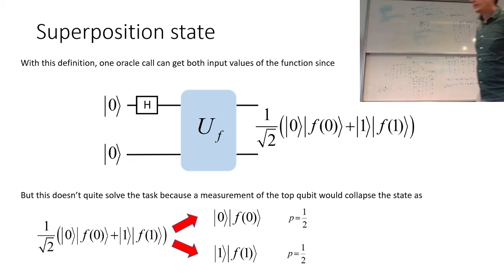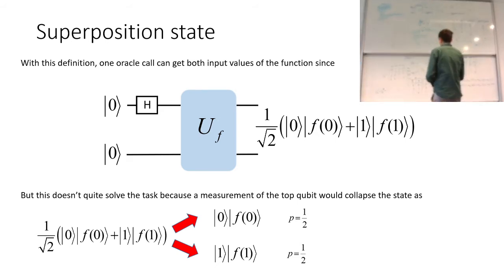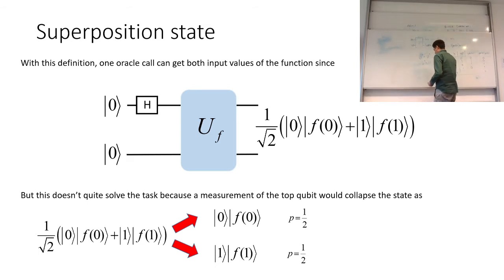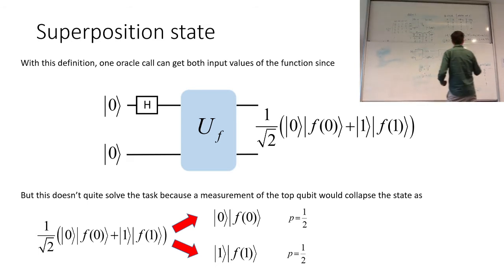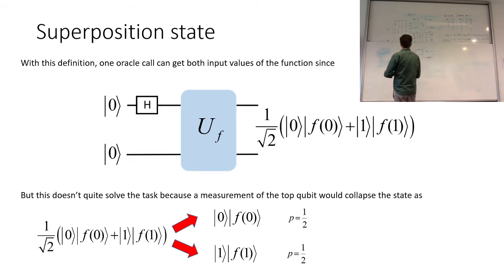So it was the Hadamard gate. Okay, so let's just go through that circuit, and we can work out what the action of this oracle is.